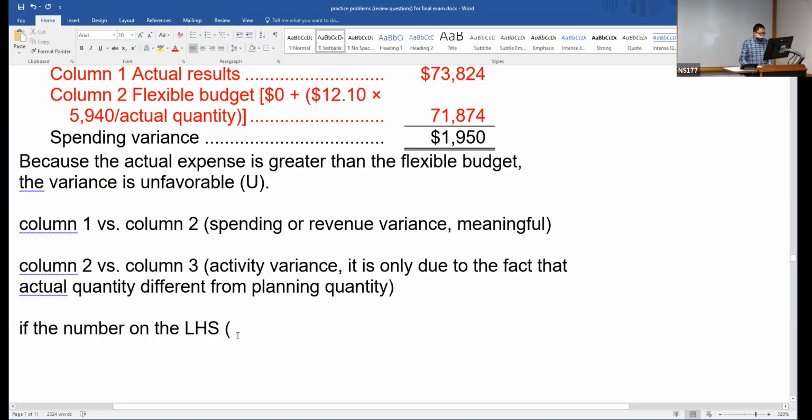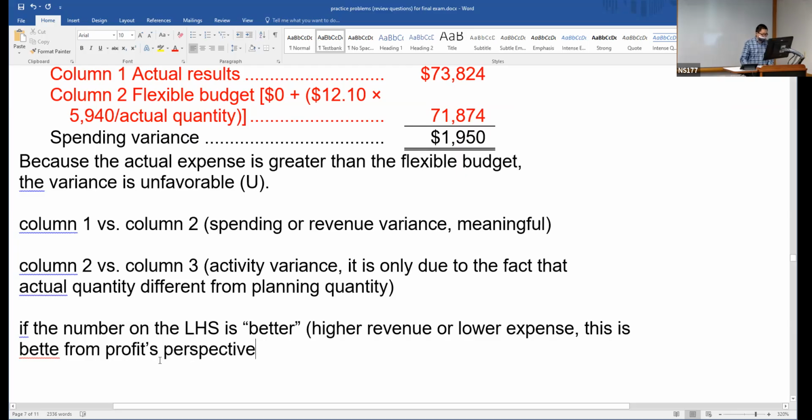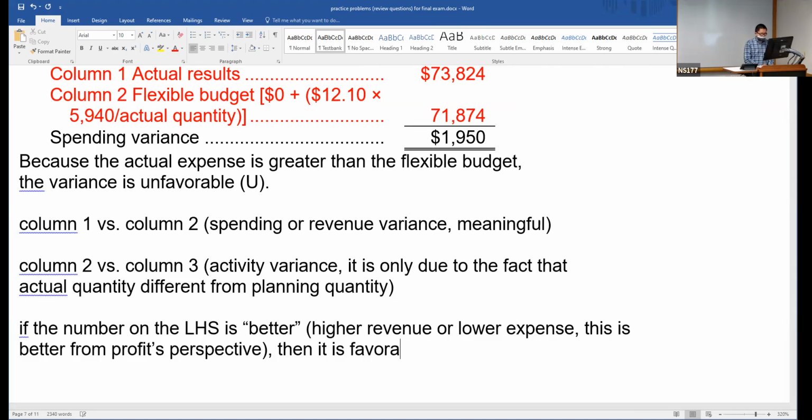If the number on the left-hand side is better, and I will define what better means: better means higher revenue or lower expense. This is better from the profit perspective. Basically, if the number on the left-hand side is better, then it's favorable. And otherwise, it's unfavorable.